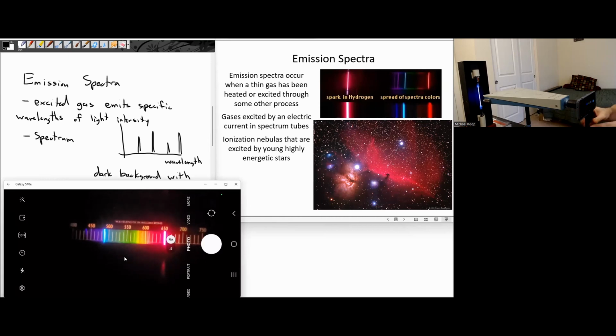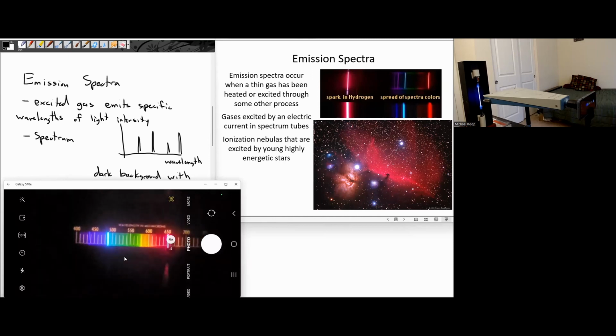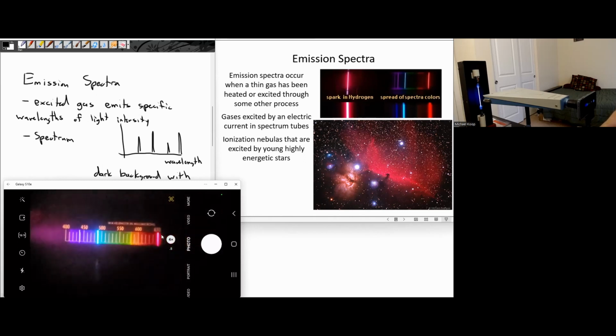There are some background colors that we're not quite getting rid of, but hopefully you can see that there are some specific bands of bright light. One right above 650 nanometers, another bright line here, a bright line over here, and one that's kind of hard to see, but it's there.